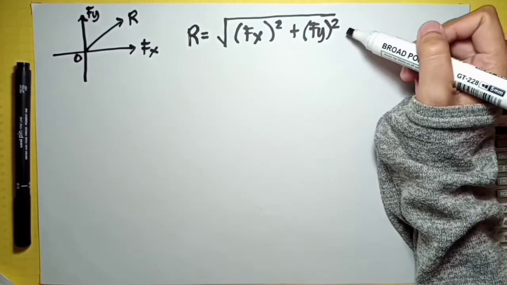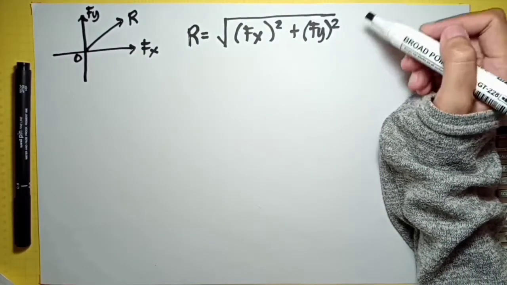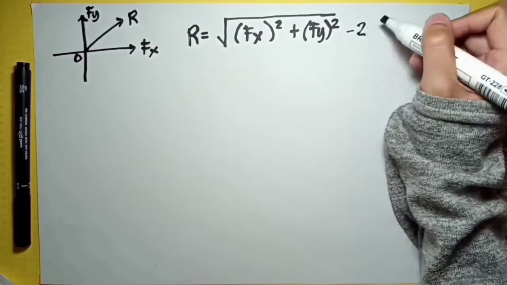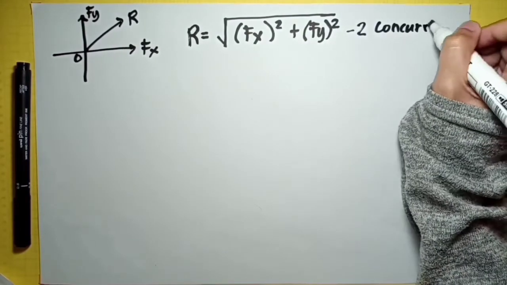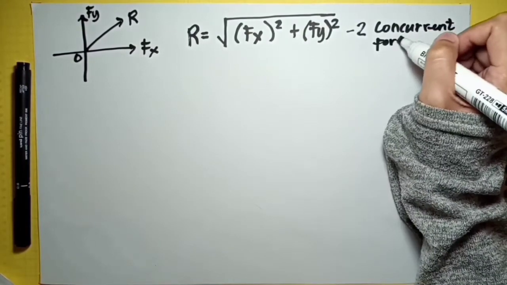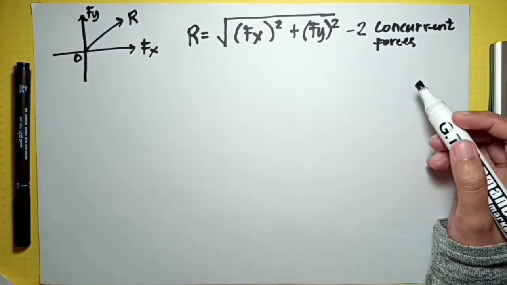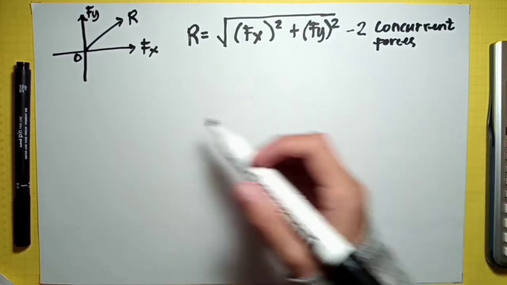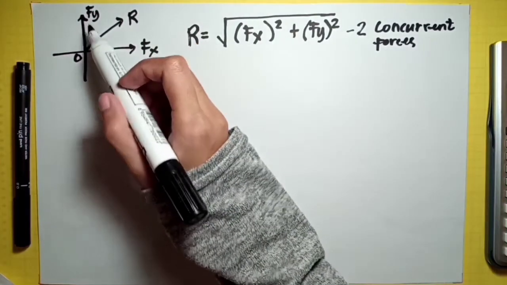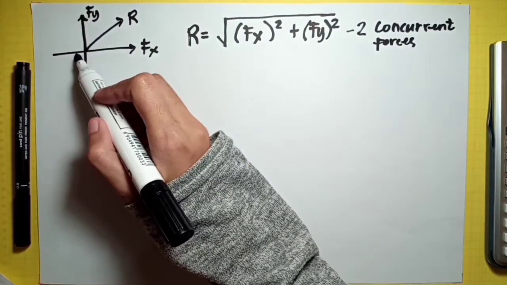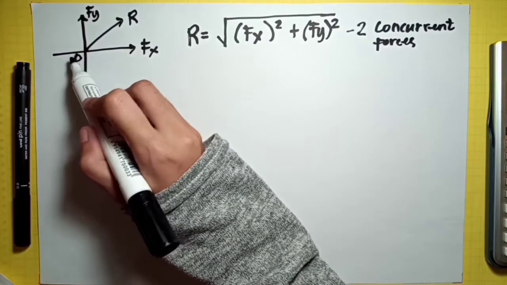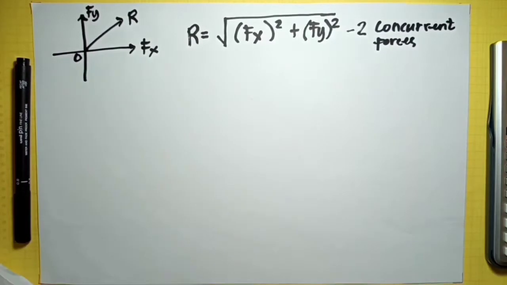Ang formula na to ay para lamang sa two concurrent forces. Concurrent forces means any forces that passes through a common point. So, katulad nito, ang dalawang force Fy and Fx, passes through a common point which is the point O.